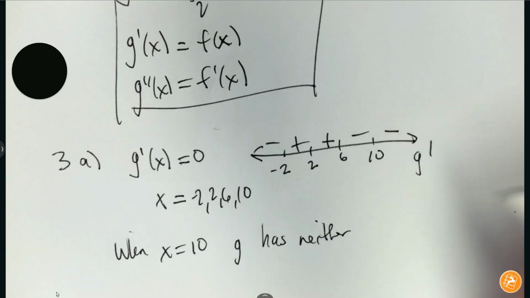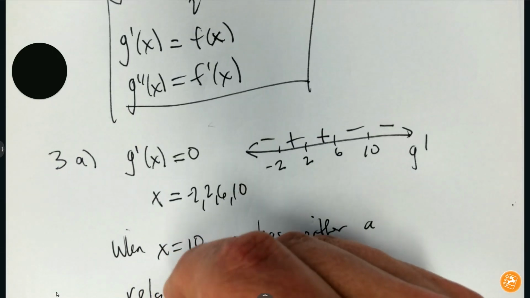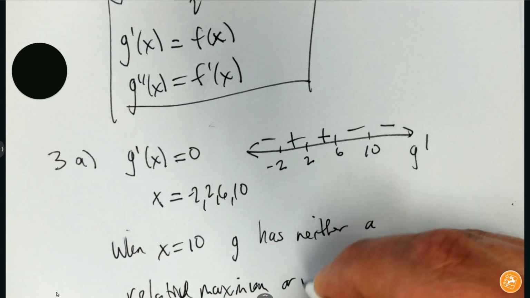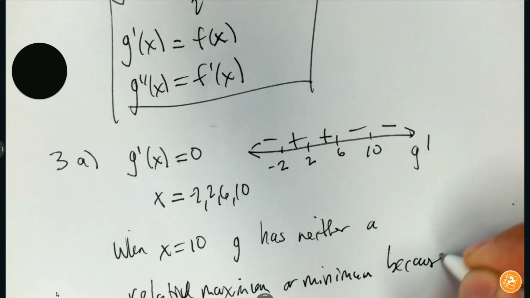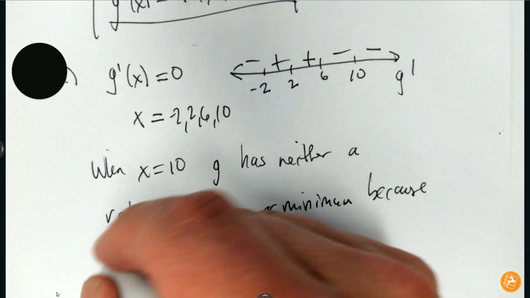And I'm going to write down when x equals 10, g has neither a relative maximum or minimum. And what reason are we saying that there's neither? Because the signs of the derivative don't change.